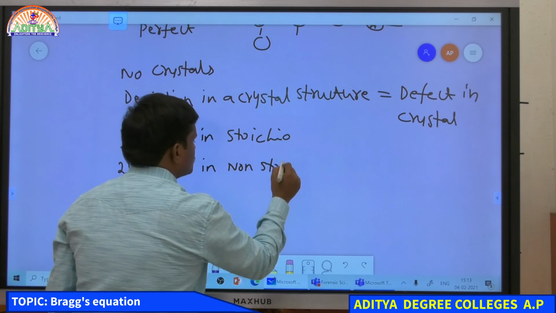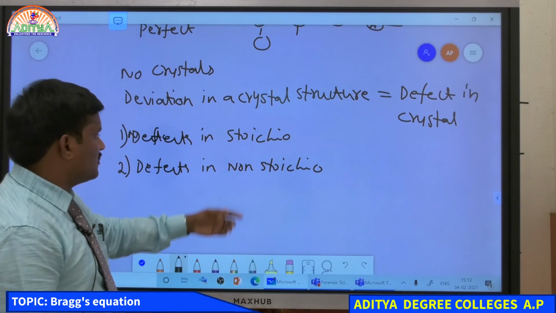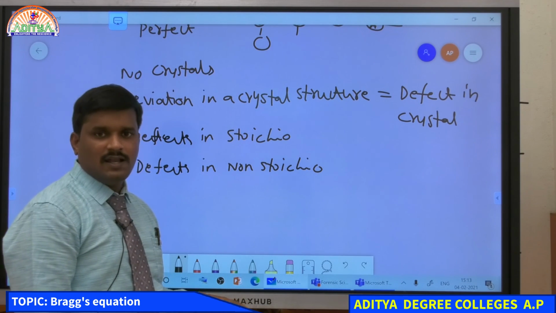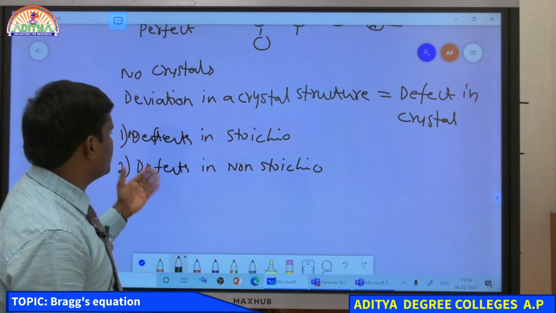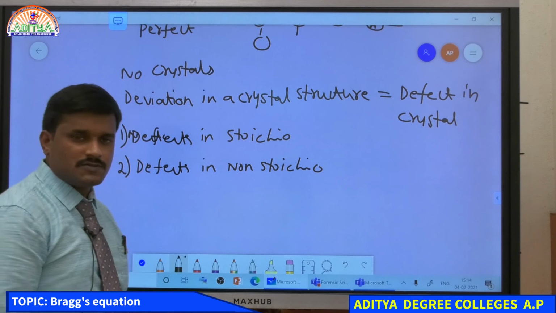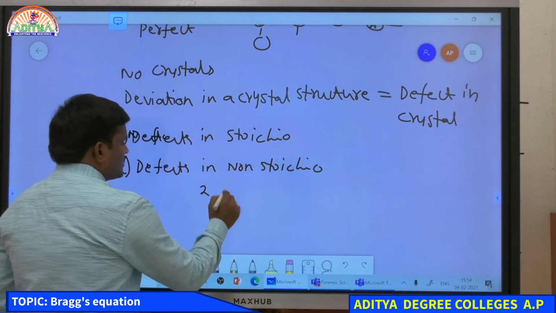In our next class we will discuss what stoichiometric compounds and non-stoichiometric compounds are first, and then what the types of defects present in stoichiometric as well as non-stoichiometric compounds are.